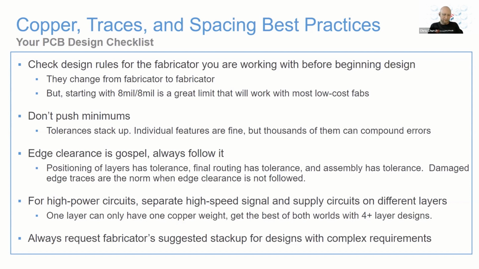At the end of the day, there are tolerances in every manufacturing process, and the more you keep stacking up those tolerances by putting on the very minimums they allow, the more fallout you can have in the manufacturing process, which won't necessarily impact you directly, but it could increase your cost if they determine that there are going to be more rejects. They may charge you more for that. Edge clearance is really, really important.